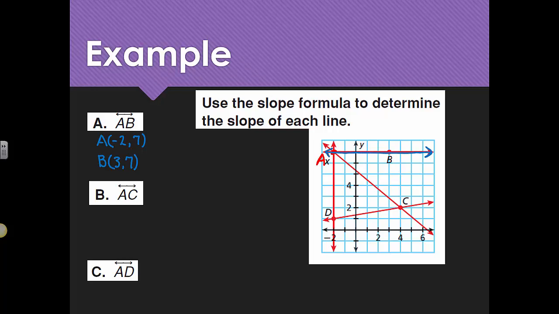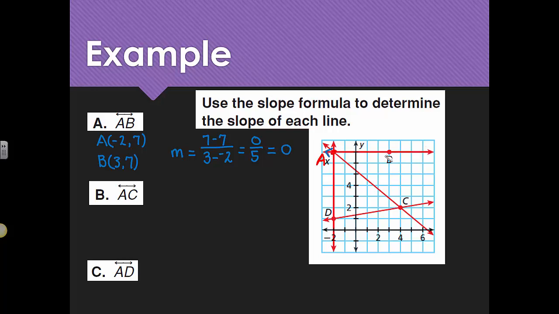So m equals, we use the letter m to represent slope, 7 minus 7 on top. Then on the bottom, I'm going to subtract my x values, 3 minus -2. So we end up with 0 over 5, so it looks like the slope of that line is 0.